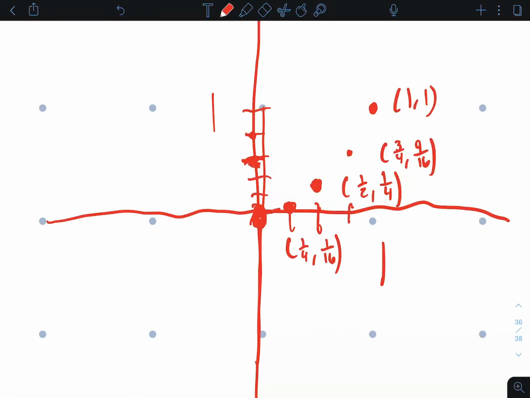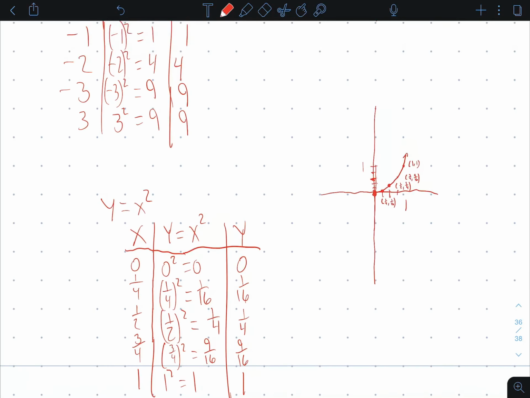Let's connect these. And then zoom out. And we can see that, yes, if I connect those dots, those are obviously a curve. And if we put even more points, it would make a smoother curve than what we have. So the more points that you put in your table, the smoother your curve will be when you're graphing a quadratic.